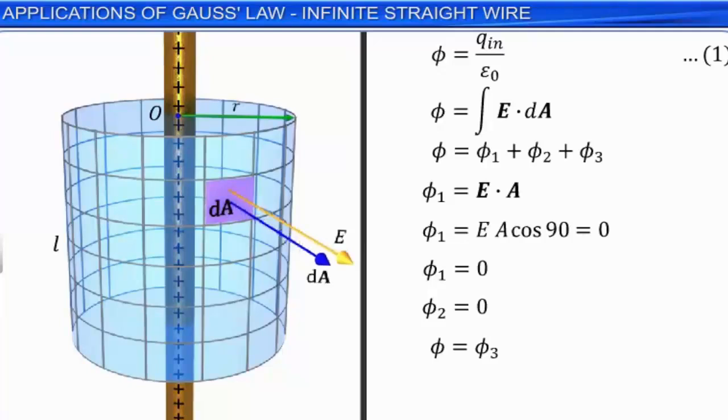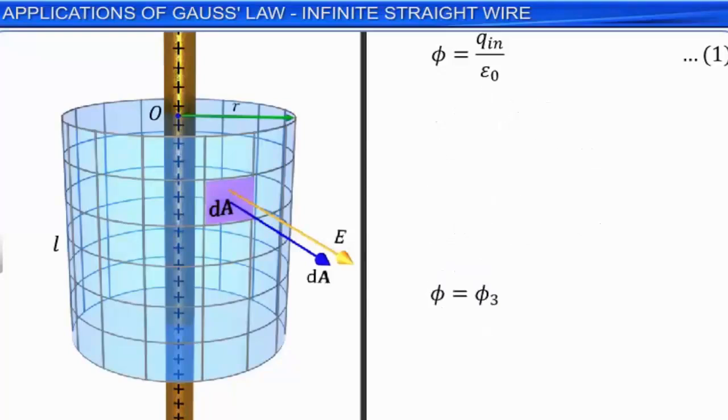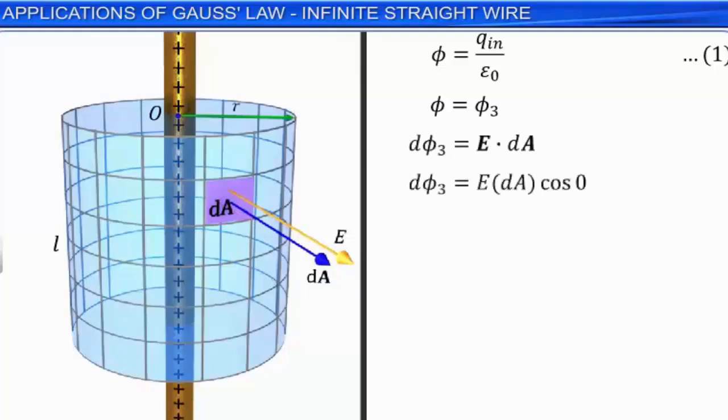Since E is parallel to the vector dA, the electric flux d phi 3 passing through the element is equal to E dot dA, which is equal to E dA cos 0, and this is just equal to E dA. Let this be equation 2.